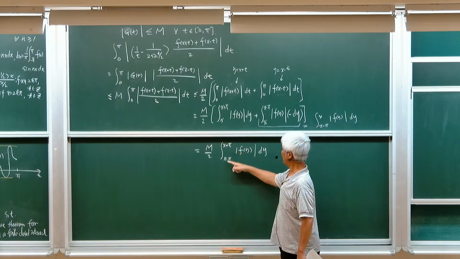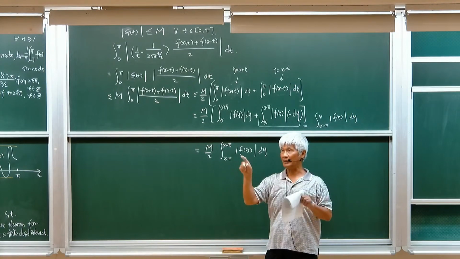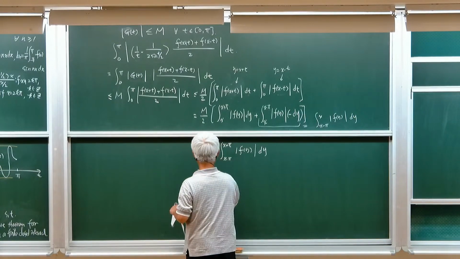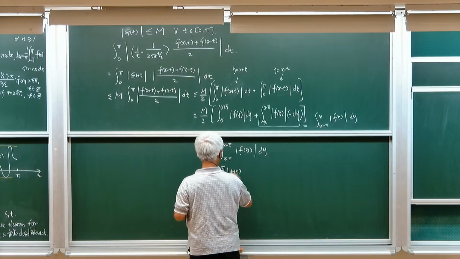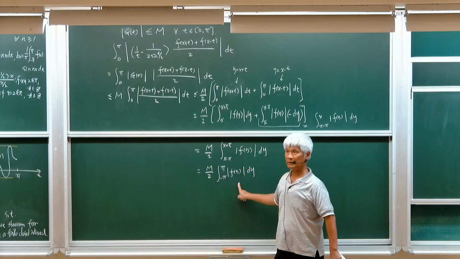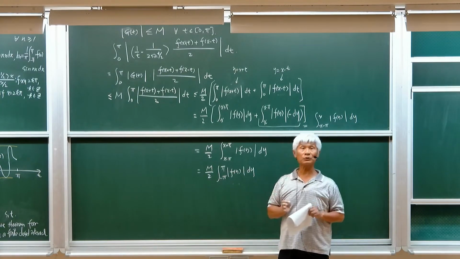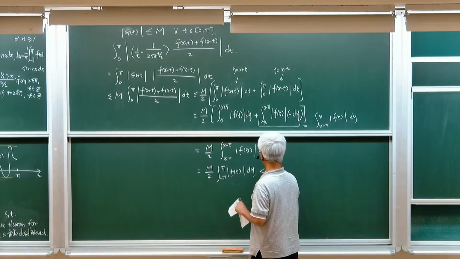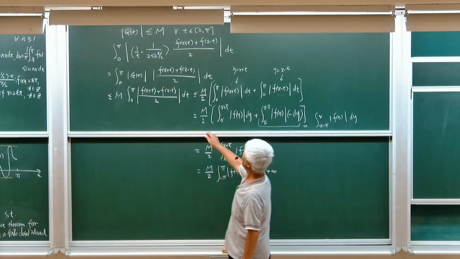But as you know, x minus pi to x plus pi is an interval of length 2 pi, so this is actually a period, and for a periodic function this is the same thing. But we know that a periodic function is absolutely integrable over one period. So this is already finite.